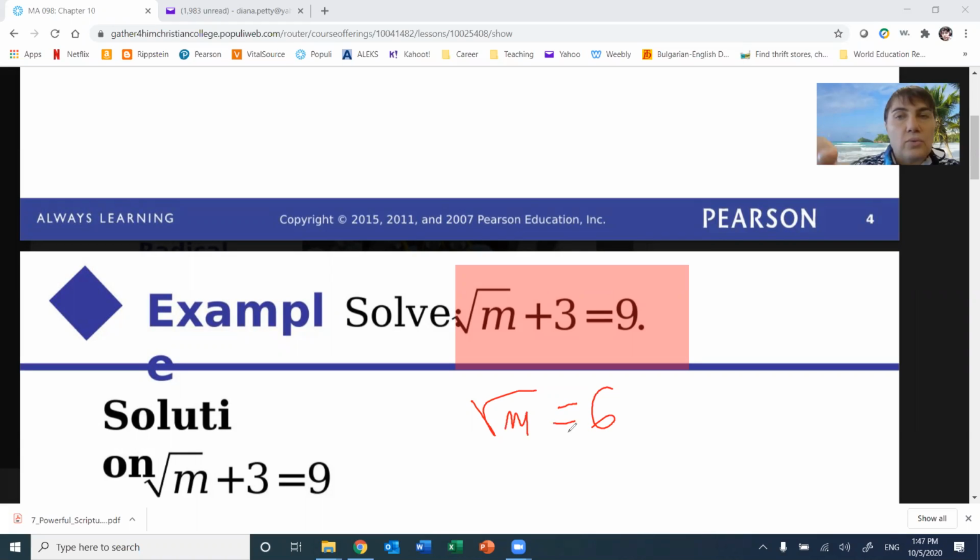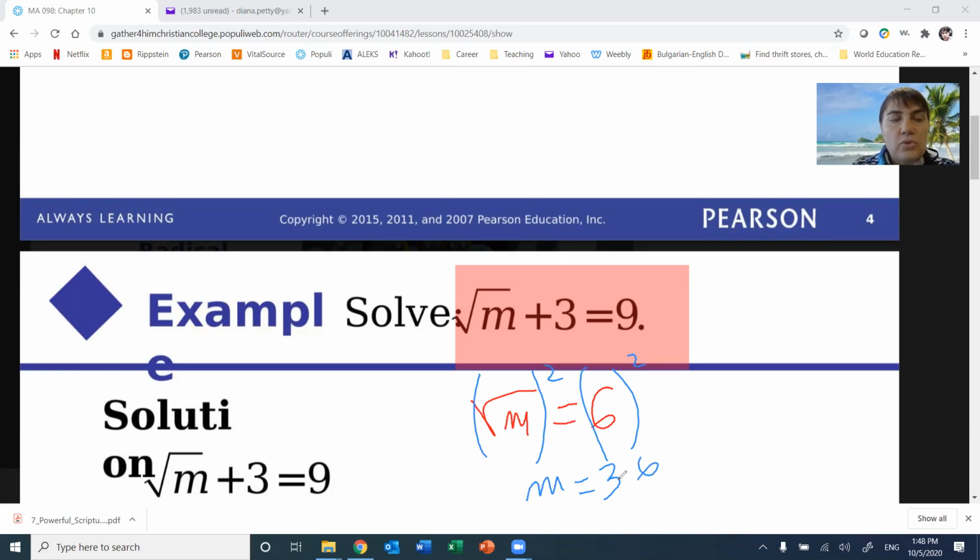Square both sides. You're doing the opposite, because the radical is technically a 1/2 exponent. If you square both sides, you're going to get rid of the radical. Right, Mariana? So it's going to come out just m equals 36.